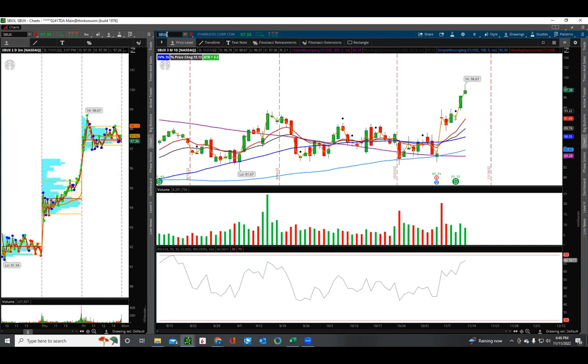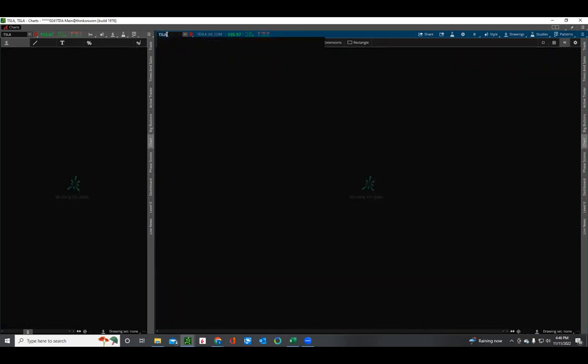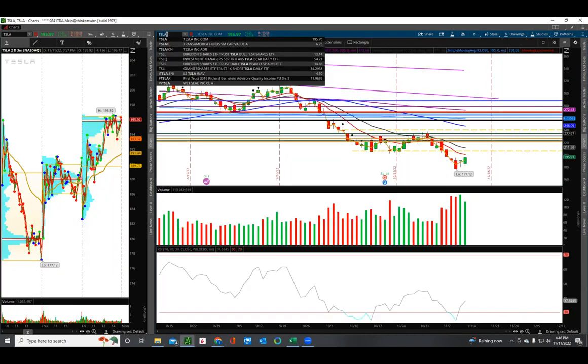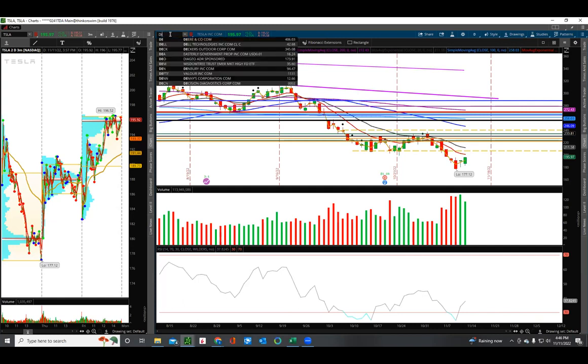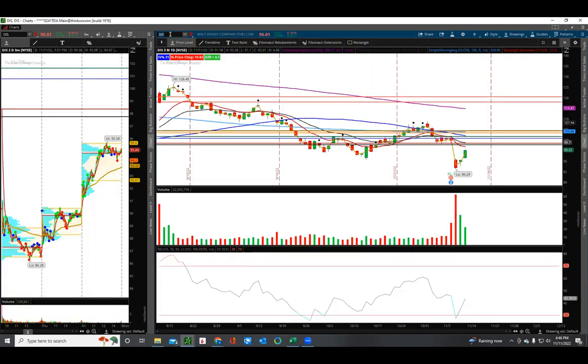I want to see if I could get one that was giving me several different overbought and oversold looks. I don't want to use this one because I don't want you to get confused with all those lines that I have on there. Yeah, AMD, I'm also going to have a bunch of lines on there because I trade that frequently. Let me think. Okay, Disney. Well, I have those lines there too. Let's see.